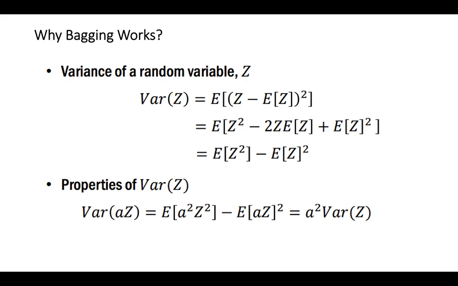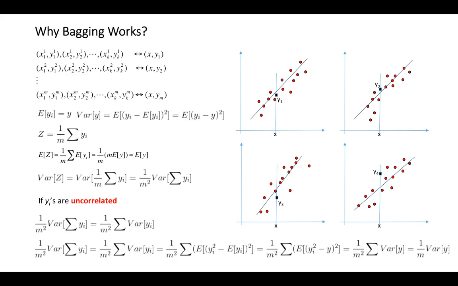One is that the variance of a random variable is the expectation of (z minus expectation of z) the whole squared, right? And the other is scalar multiplication: the variance of az is a squared times the variance of z, right? So let's say that you have different data sets here, x1, x11, x21, etc. This is one data set, and this is another data set.